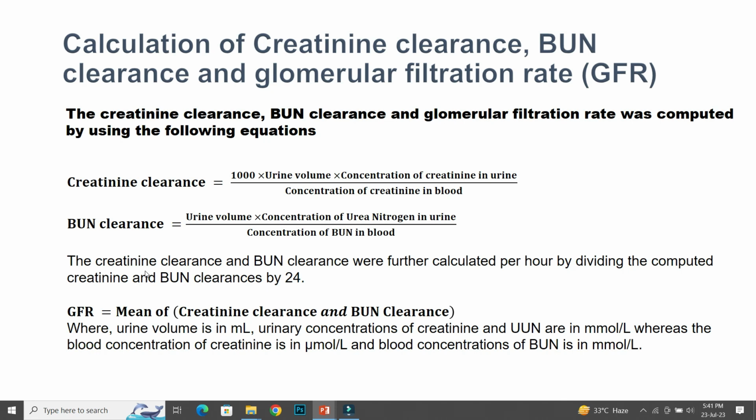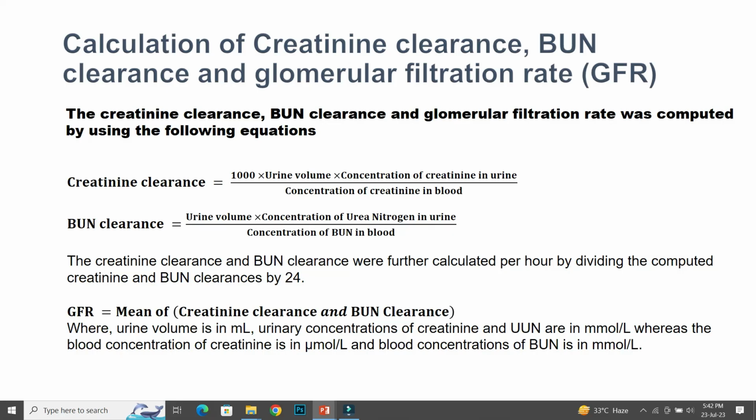So creatinine clearance and BUN clearance were further calculated per hour by dividing by 24. We collect urine for 24 hours, so the urine volume is for 24 hours, and for per hour we have to calculate the BUN clearance, creatinine clearance and glomerular filtration rate.